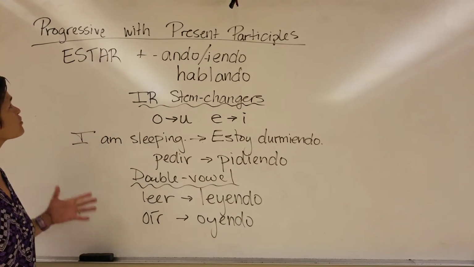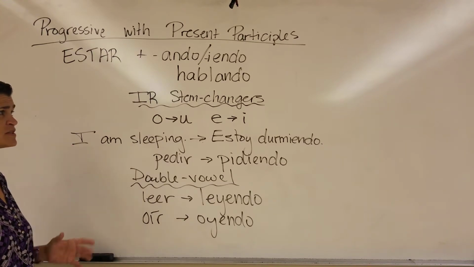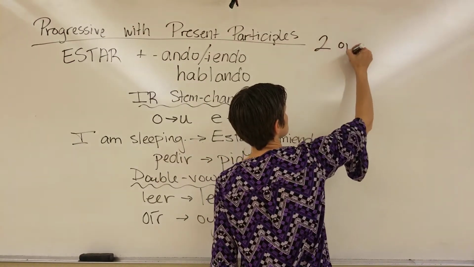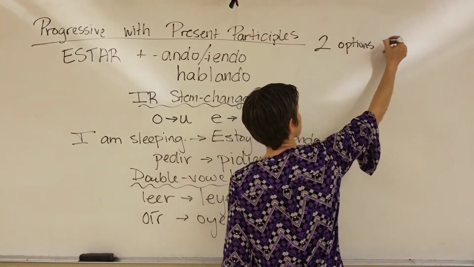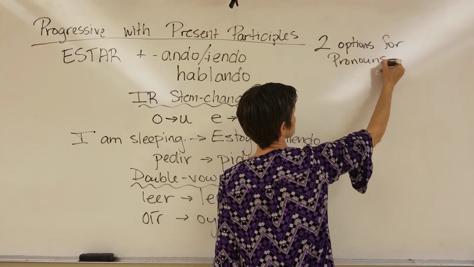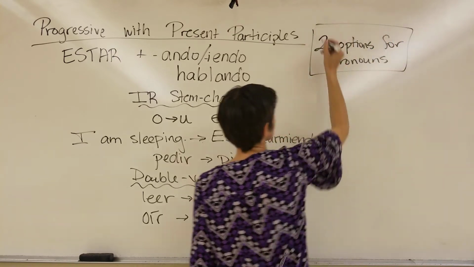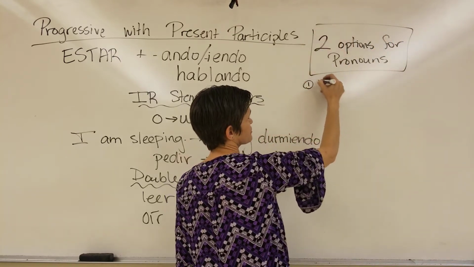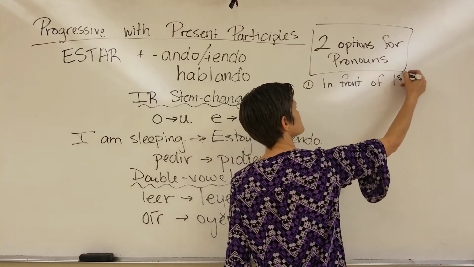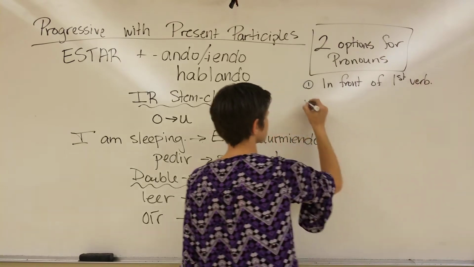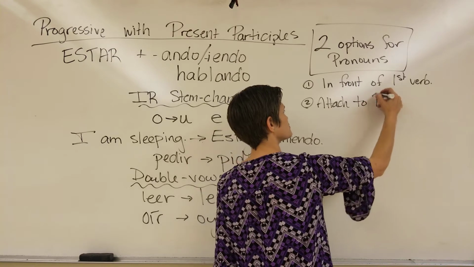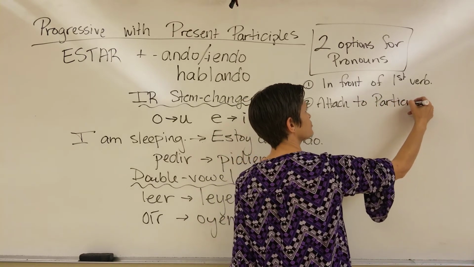I want to make a note when we're talking about the progressive and the present participles that you're going to have two options for pronouns. You can choose to put it in front of the first verb or attach it to the participle, or the second verb.